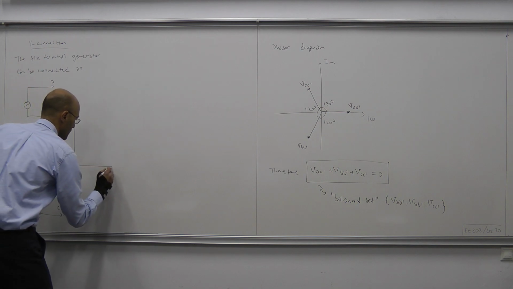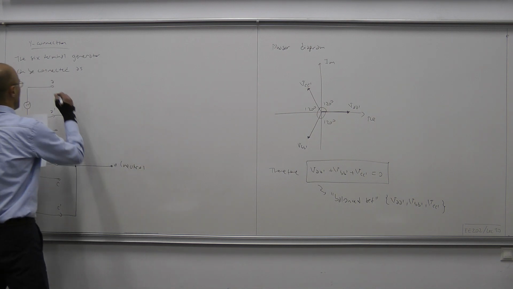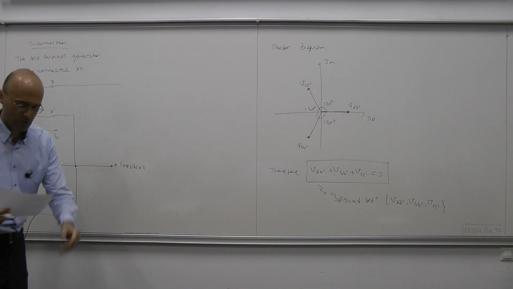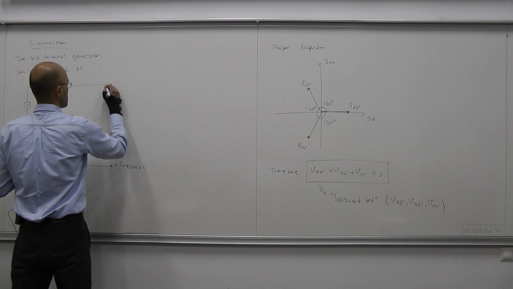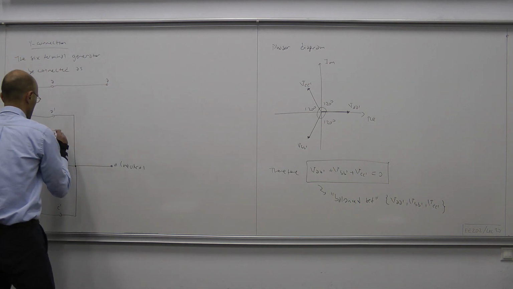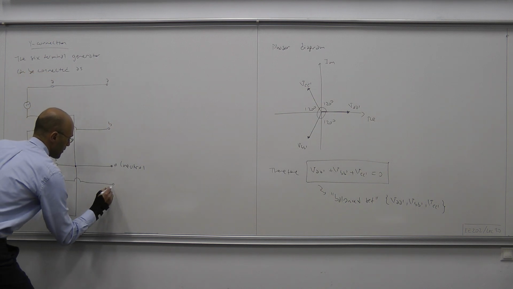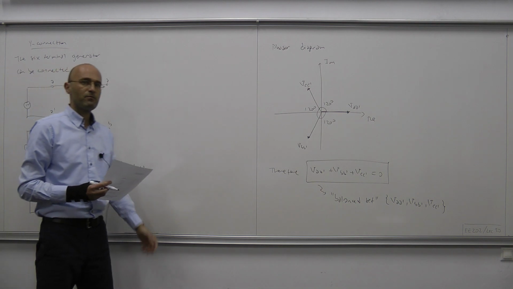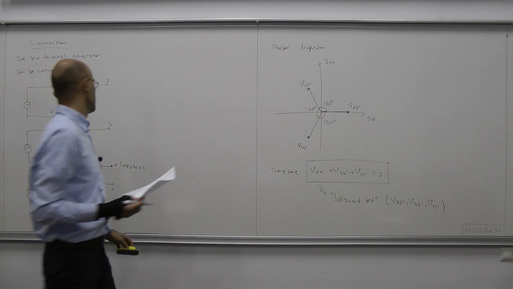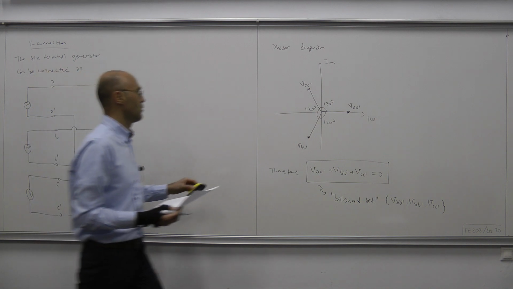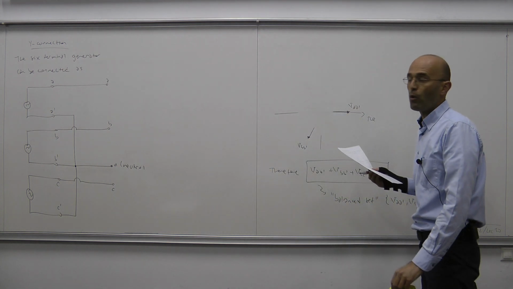Okay, this is N for neutral, and as for the remaining terminals, we keep their names. Okay, this is A. Here we have B, and here we have C. Okay. Now, usually this connection is drawn in a simpler or more symmetric looking way. And when we do that, we're going to see why this connection is called Y connection.